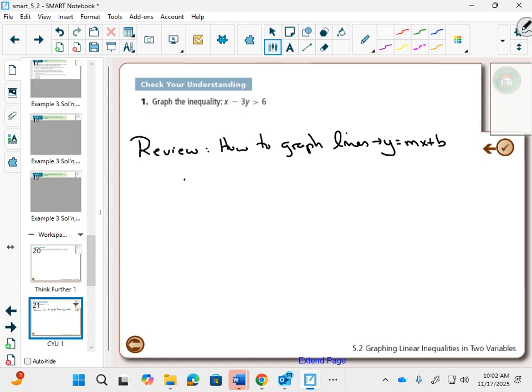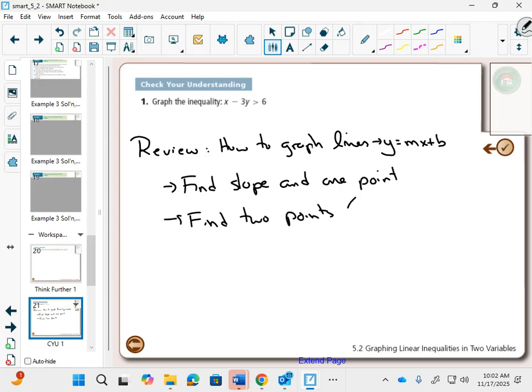So these are options. Find a slope and 1 point, find 2 points, find both your x-intercept and y-intercept, and you can draw a line straight through them. These are great review things of how to graph our lines.